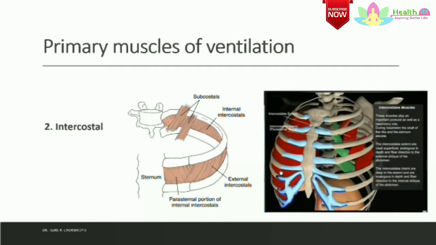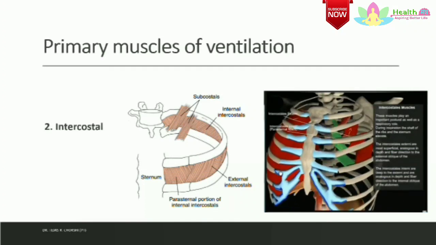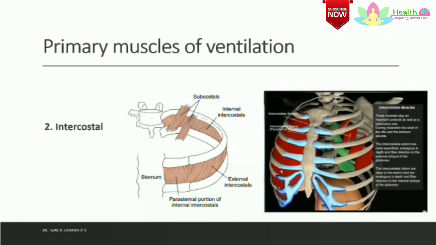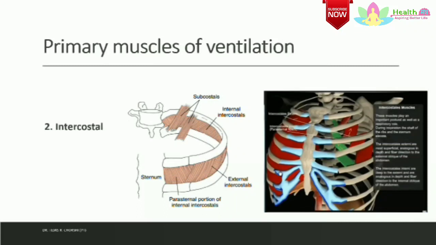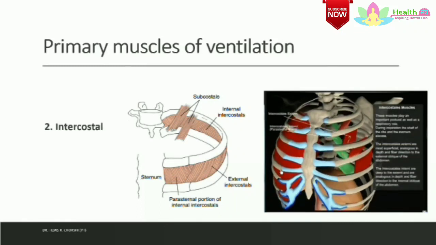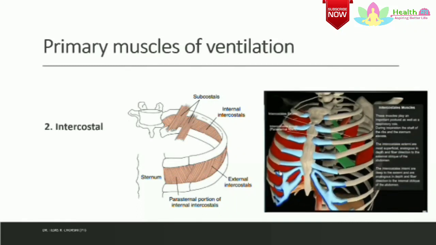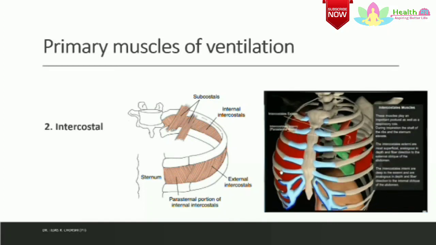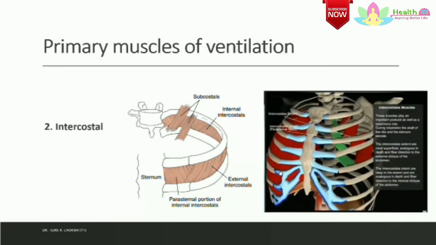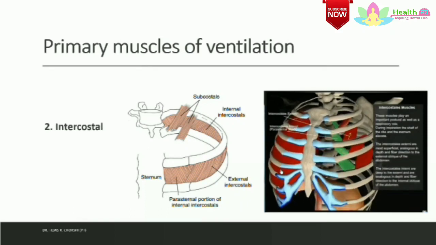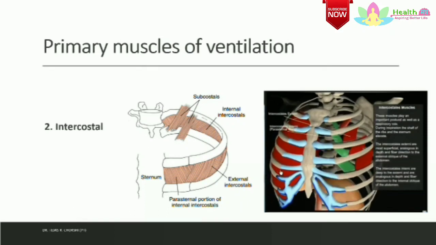The parasternal muscle, the most anterior portion of the internal intercostal muscles, is considered a primary inspiratory muscle during quiet breathing. Its action appears to be a rotation of the costosternal junction, resulting in elevation of the ribs and the anterior portion of the sternum.